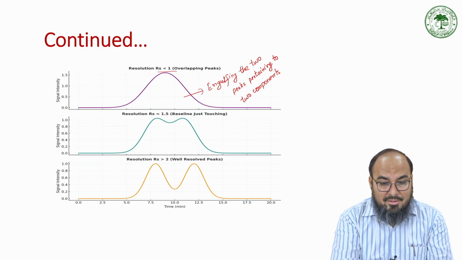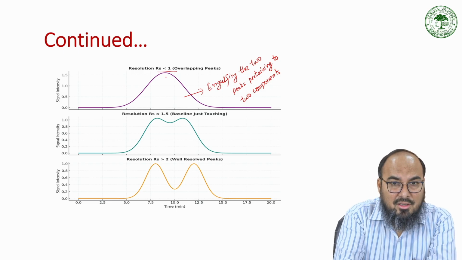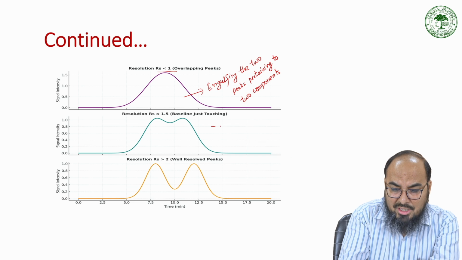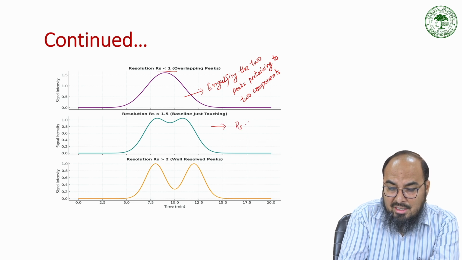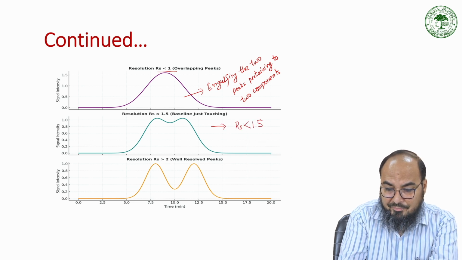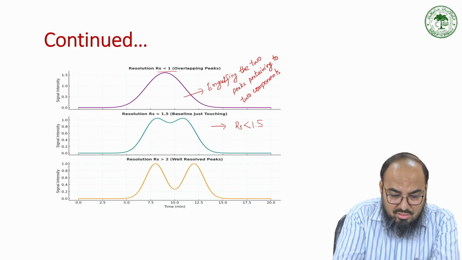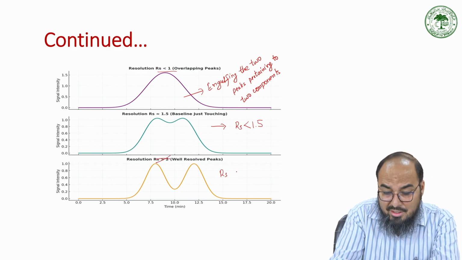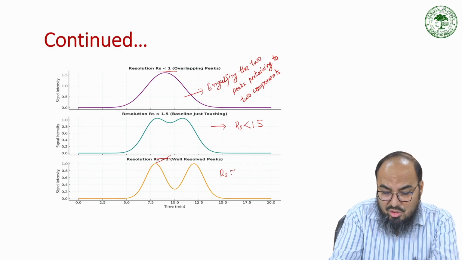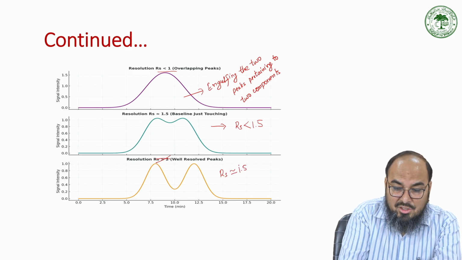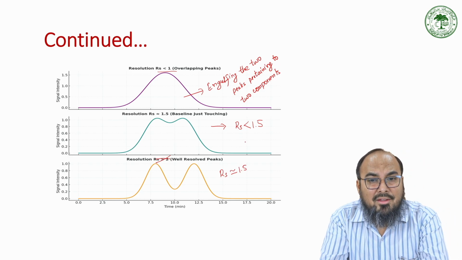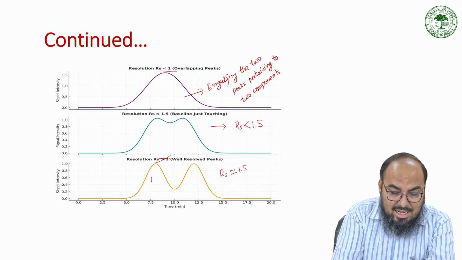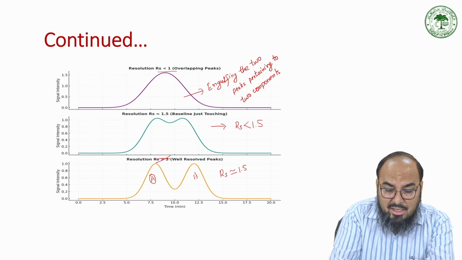Now here, in this case, the resolution is again less than 1.5. Here the resolution is a little close to 1.5. Here the resolution is close to 1.5 and you can see that components, for example, A and B are well resolved.